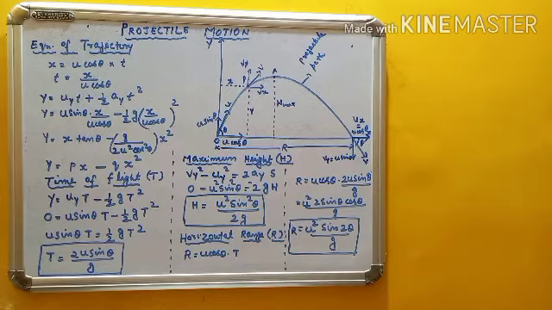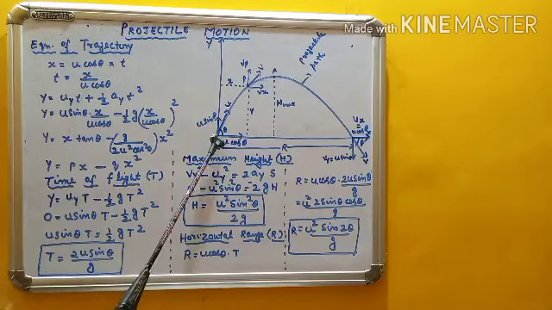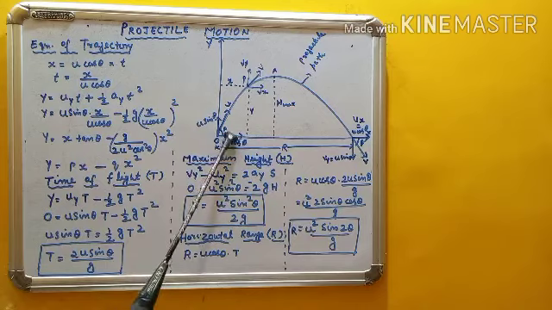So consider the case, children. A projectile is fired at an angle theta with the horizontal. See the diagram. We are considering a body projected with an initial velocity u, and that initial velocity makes an angle theta with the horizontal. We have studied resolution of vectors.